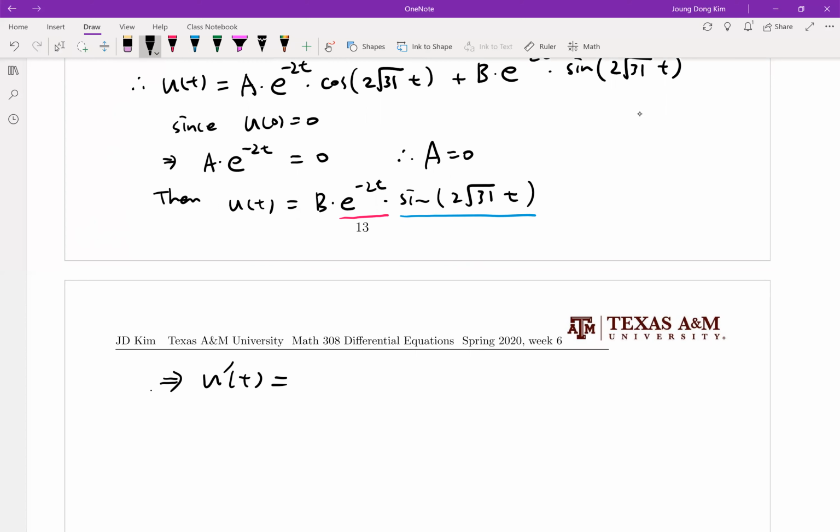Then by the product rule, let me write b in front, and e to the minus 2t prime, which is minus 2 e to the minus 2t times the second function, which is the sine function, 2 square root of 31 t, and plus, because that is the product rule, the first function times the second function prime, which is the cosine function, and don't forget the chain rule. That's it, right? So let me simplify a little bit. But it doesn't matter, we can find the answer directly.